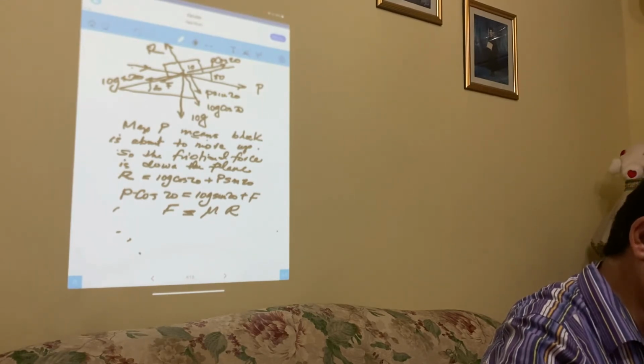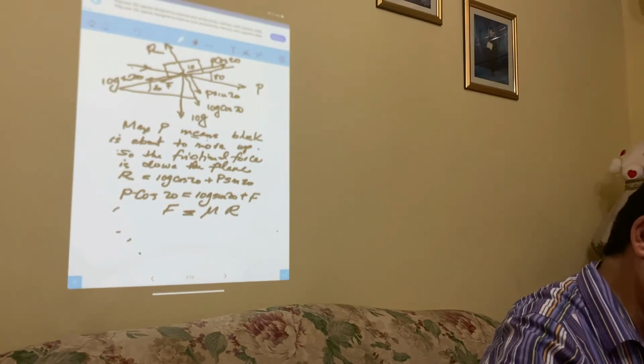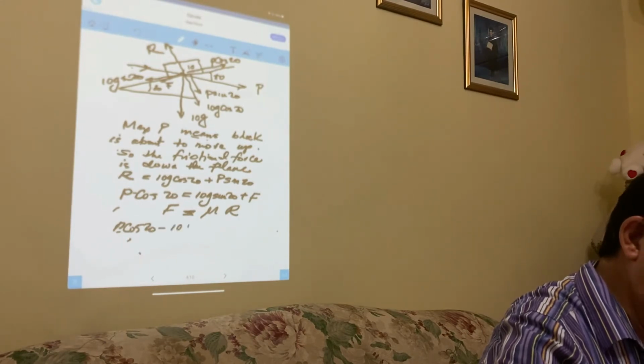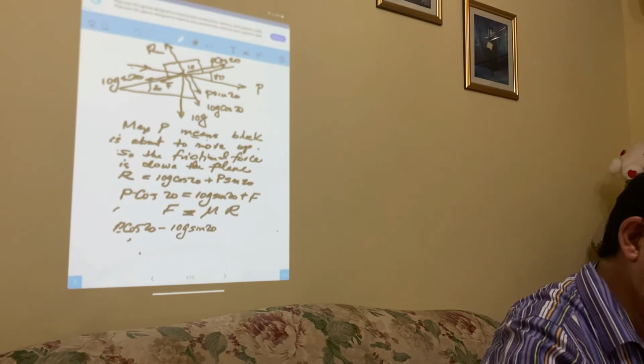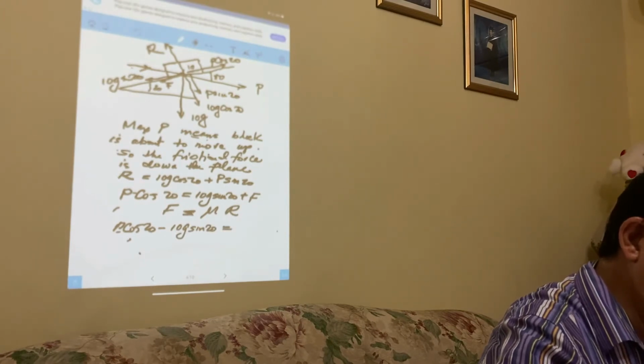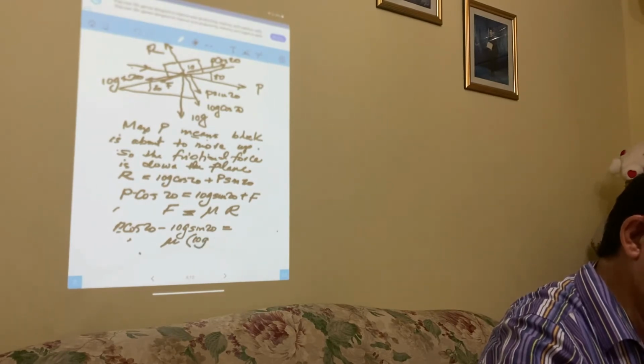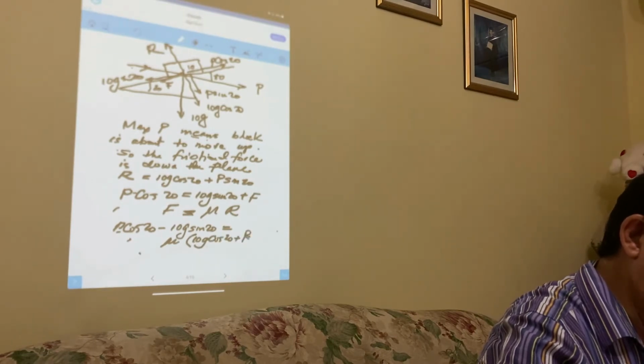So we substitute F, which is P cosine 20 minus 10g sine 20, equal to mu times R. What is R? 10g cosine 20 plus P sine 20.